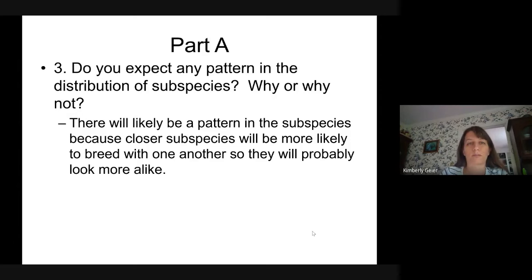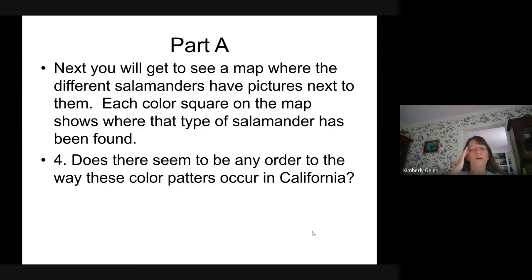Hopefully that makes sense. So now we're going to look at a map, and the different salamanders are going to have pictures next to them. Each color square on the map shows where that type of salamander has been found. And you want to see, does there seem to be any order in the way these color patterns occur in California?